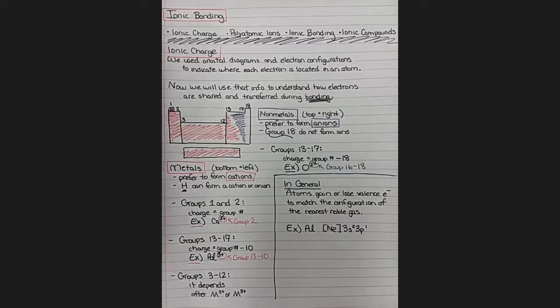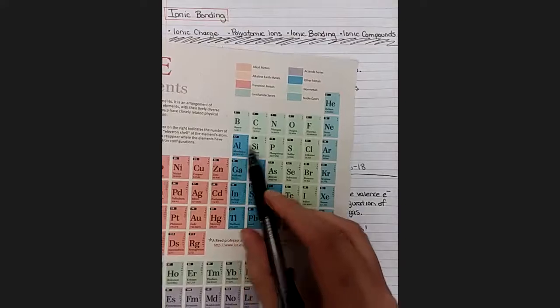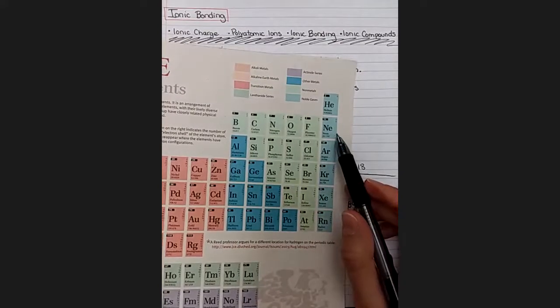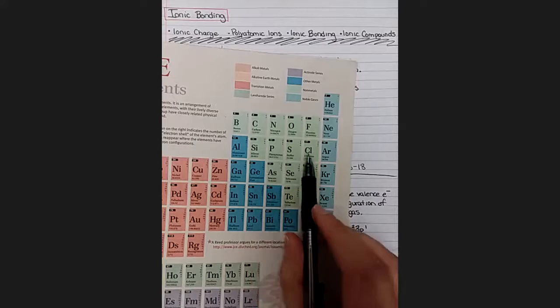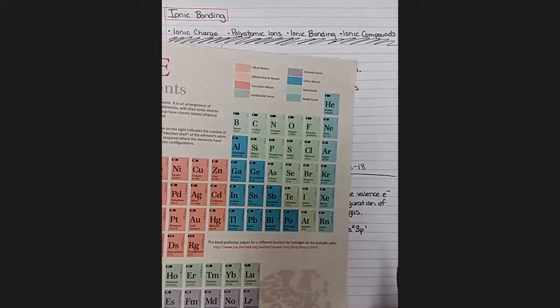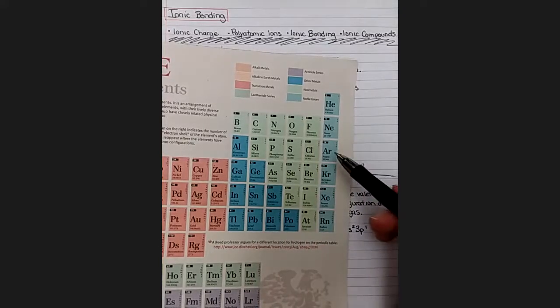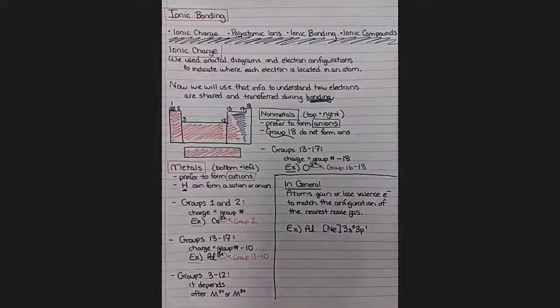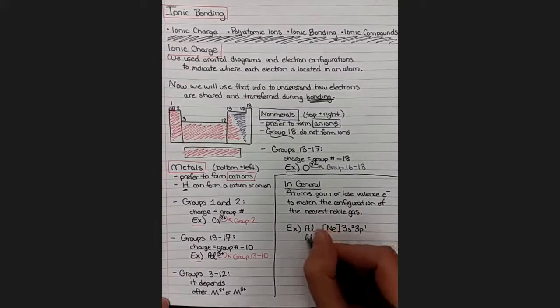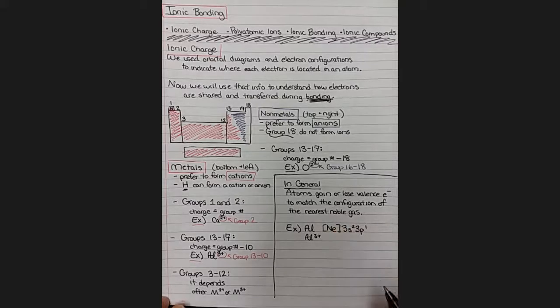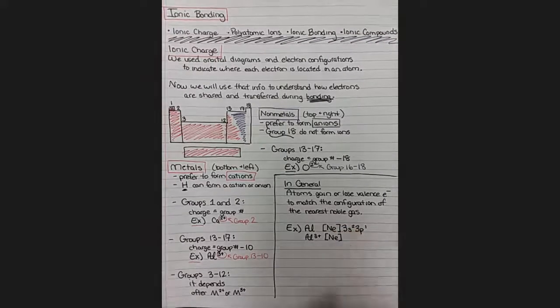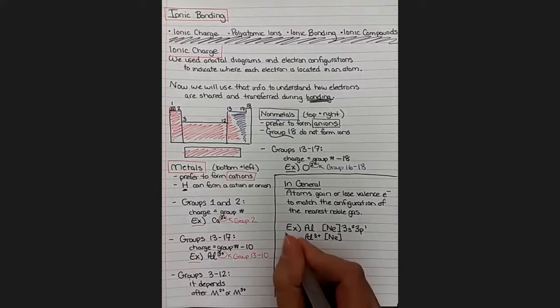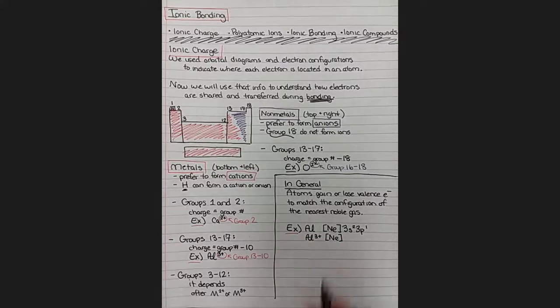And so aluminum can either lose electrons to have the same configuration as neon, which would involve losing 3, or it could gain 5 electrons to have the same configuration as argon. And so 3 is less than 5, and 3 electron transactions are easier to do than 5 electron transactions. So that's why aluminum prefers to go to aluminum 3+, because by losing 3 electrons, it has the same configuration as the noble gas neon.